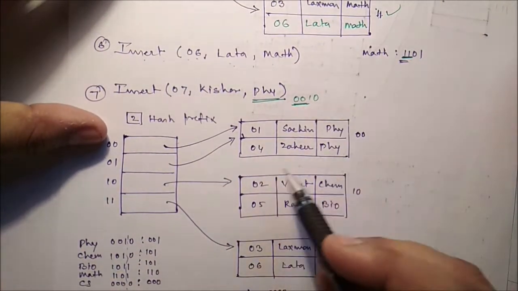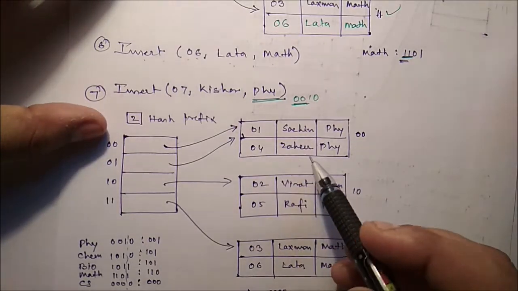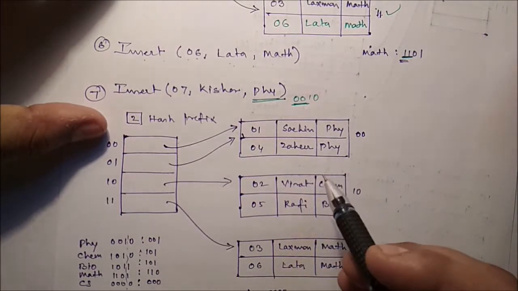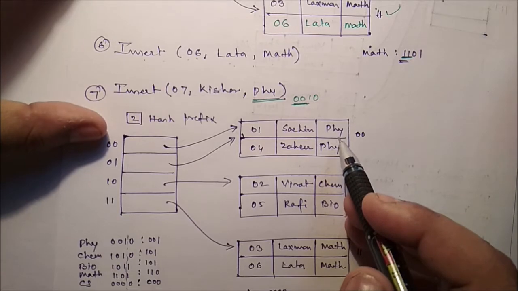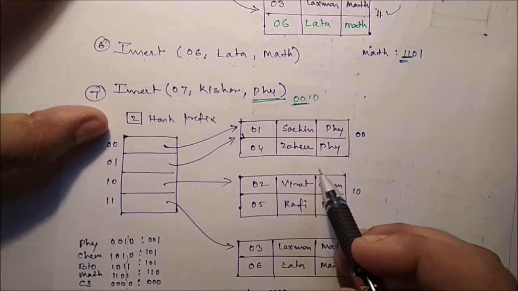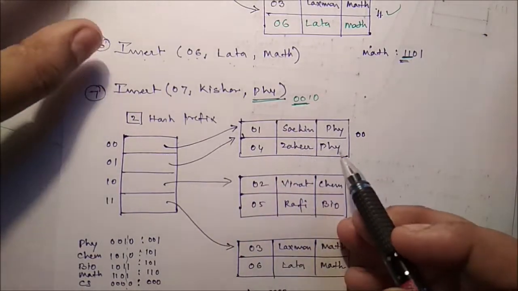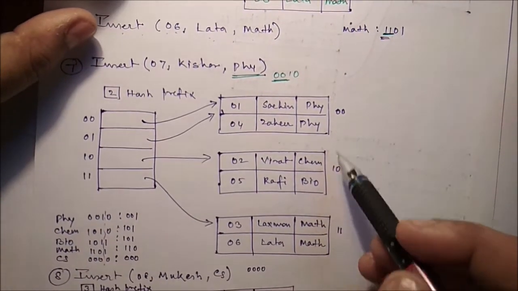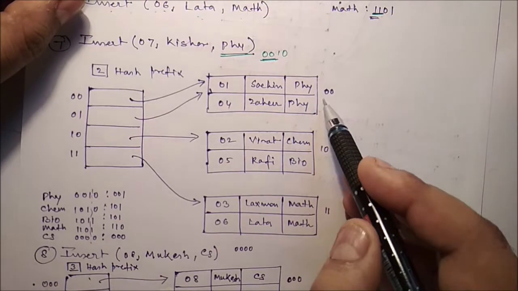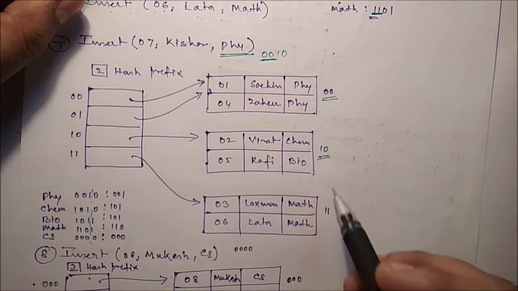Now if it is full, that means we already know we have to split this particular bucket. But the question is, why should we split this one? Because if you split this, the combinations will be different.